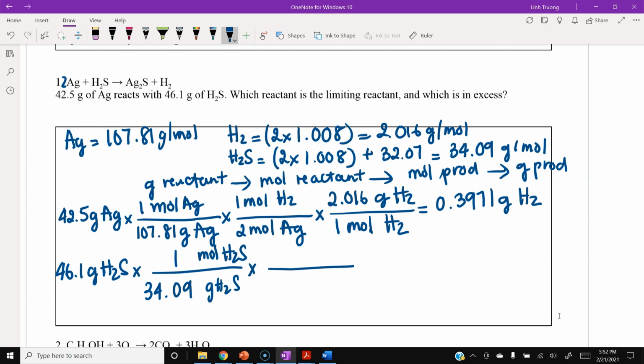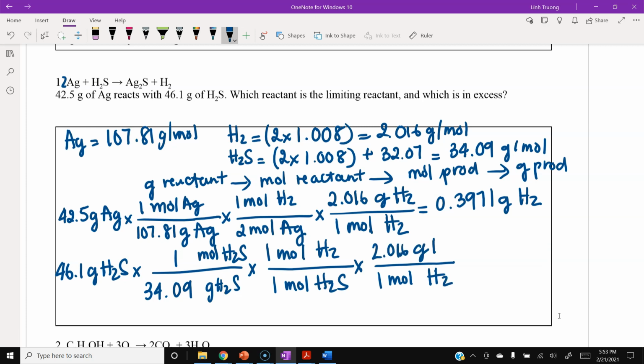Now I want to use the mole ratio to go from mole of H2S to H2, and I know the mole ratio is a 1-to-1 ratio. So 1 mole of that is 1 mole of H2. Then what we're going to do is convert that back to gram. So I know 1 mole of H2 is 2.016 gram of H2.